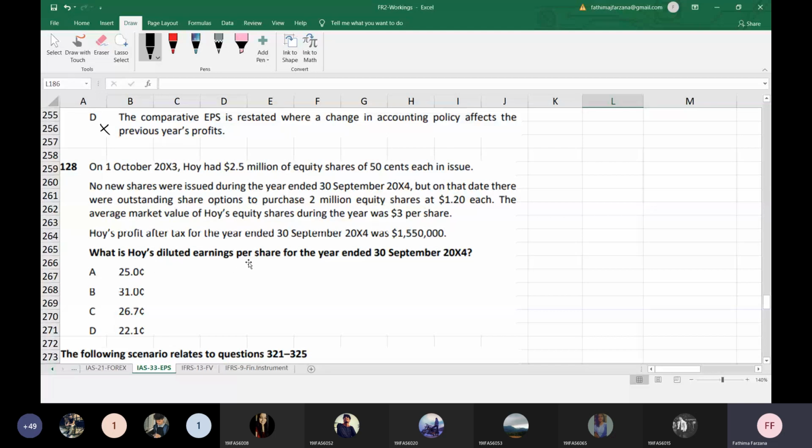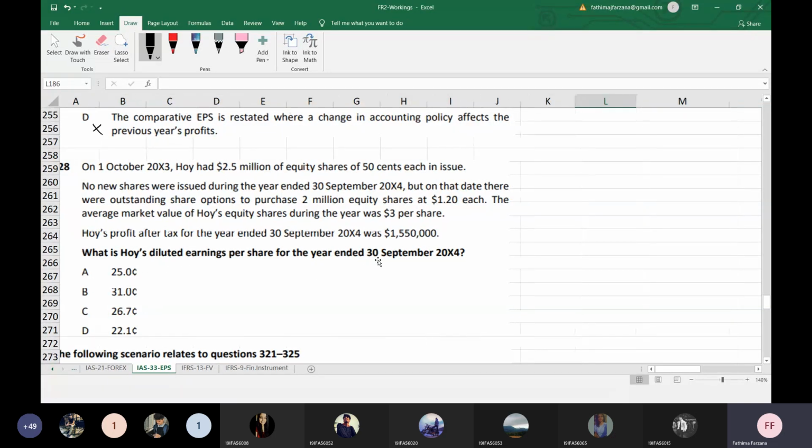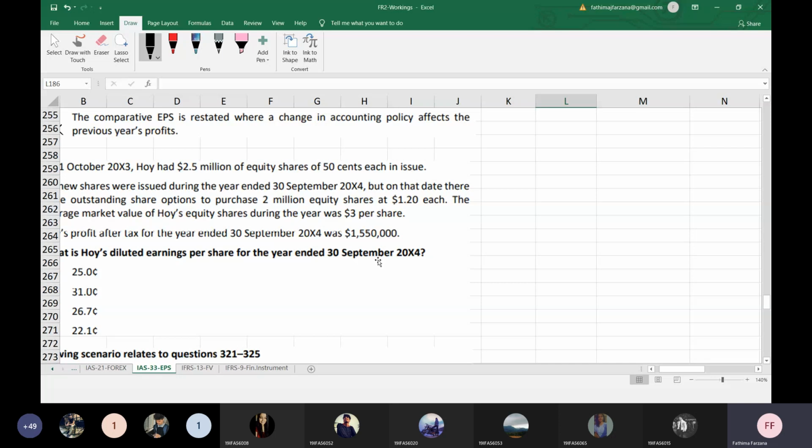So they are asking what is the DEPS for the year ended. It's the same style as what we did now, but one slight difference is they have given the value here. So you have to find how many shares there are to go to the last step. So which method do you want to do, the first method or the second method?